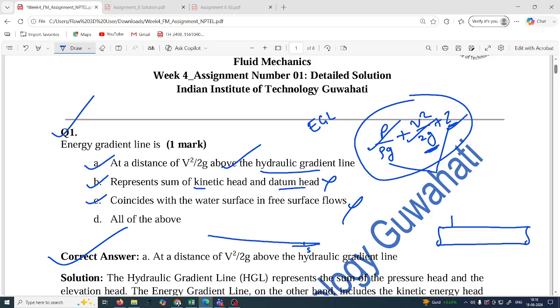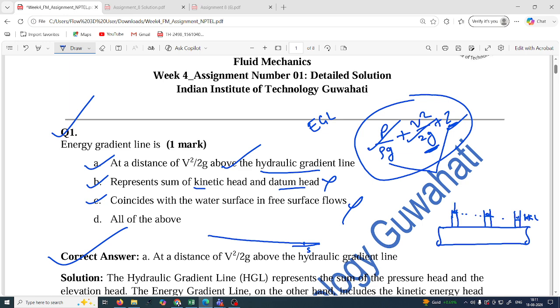Once you insert the piezometer, you will see the rise of water level in the piezometer. Insert here also. Due to friction of the pipe surface, some energy will be lost, so water level will decrease. Here also the water level will decrease. If you join this line, it is known as your hydraulic gradient line, HGL.